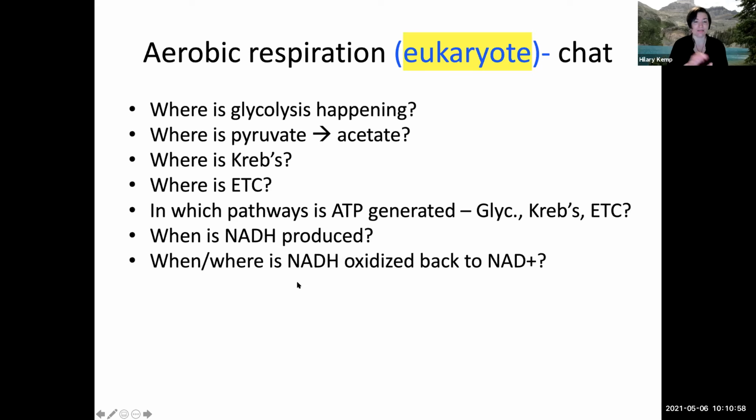Now, NADH is subsequently oxidized back to NAD+, meaning those electrons that we put into it now get taken off. Where and when does this happen? Okay.